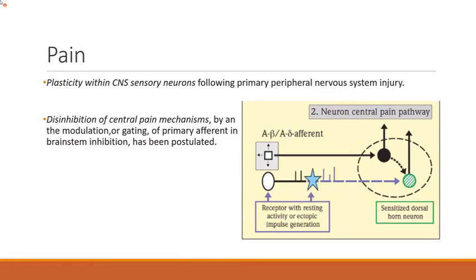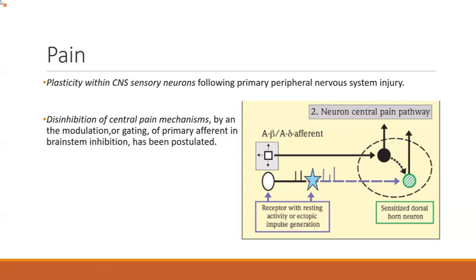Now it was seen that even if there is ectopic impulse generation at the peripheral receptors, the dorsal root ganglia and the supraspinal control over pain can inhibit these ectopic impulses. But with repeated firing, sometimes the dorsal root ganglia get sensitized, leading to a permanent change in the dorsal root ganglia and permitting the transfer of ectopic impulses to the brain.